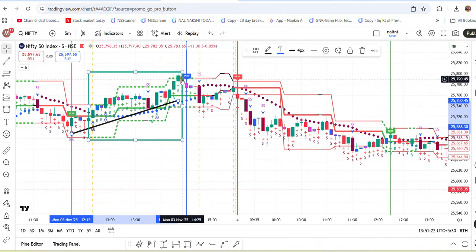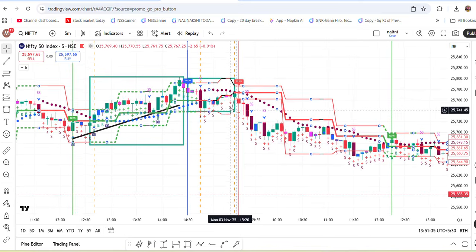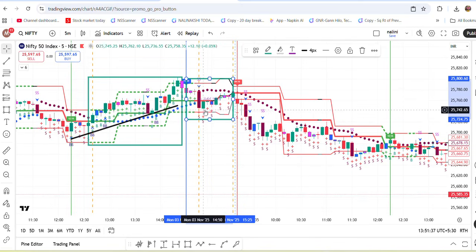Price has gone to the top around 220 while closing, this is the picture. The market has closed, and the dynamic Gann HiLo, you can see, is closed in the negative section.